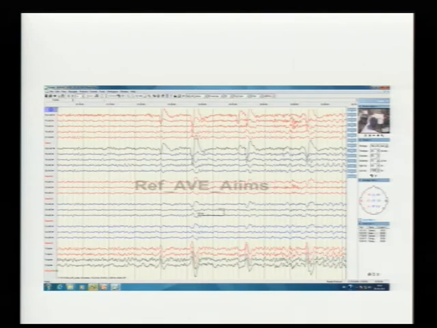So here we see the ictal EEG, and anybody can identify. I'll give the mic to them. So the neurosurgeons by now, after seeing one case, have become very familiar with identifying the discharges. So anybody wants to identify if there's anything abnormal on this page? These are of course eye blink artifacts. So what's happening here?